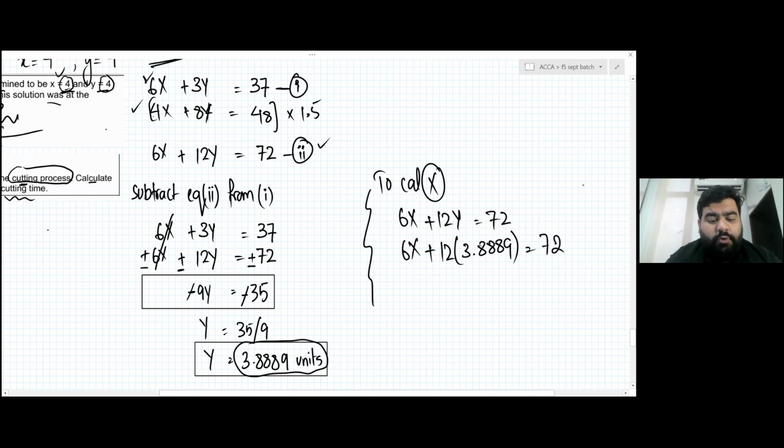So 12y comes to 46.6, and 6x is equal to 72 minus 46.6, which is 25.333.